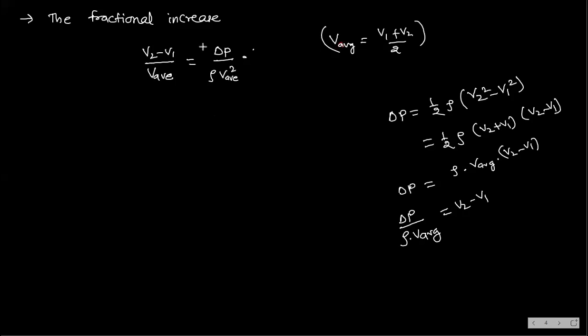I got this V2 minus V1 by V average, the fractional increase in velocity.